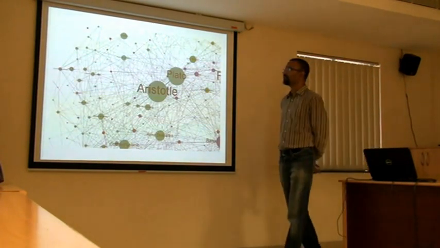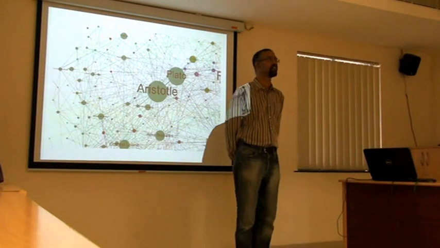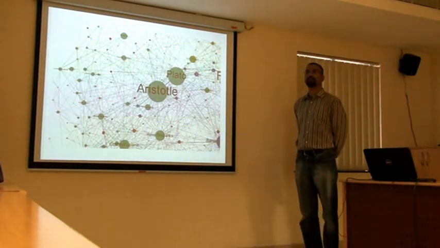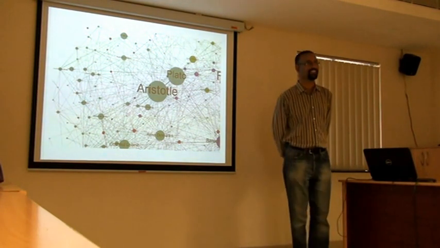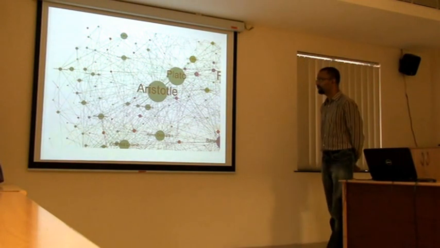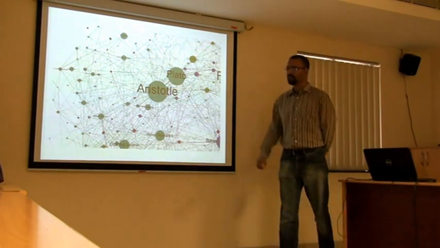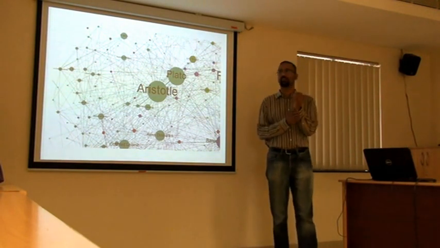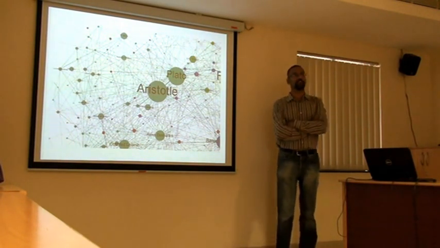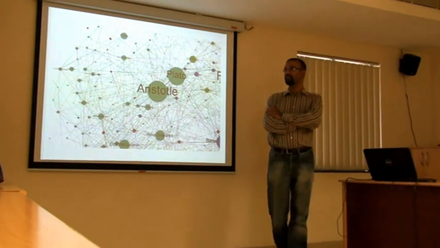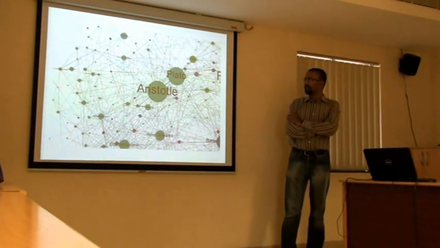So, sorry for those people who have seen this graph before. Do you know who these people are? Philosophers. Right? So this is actually a subset of a very interesting network that was drawn by just taking a look at all the philosophers in Wikipedia and trying to find out who's linked to whom, right?